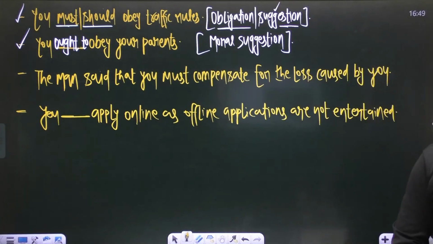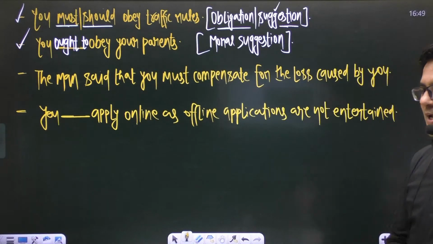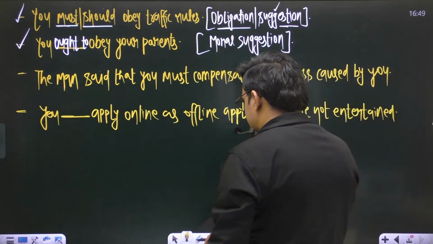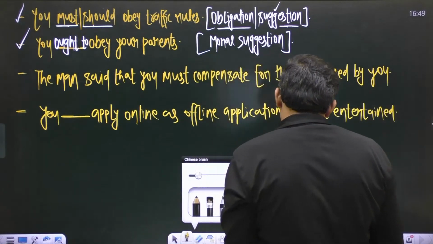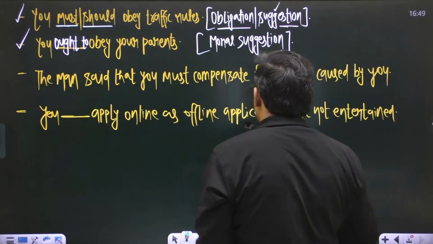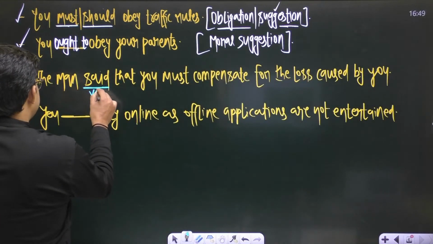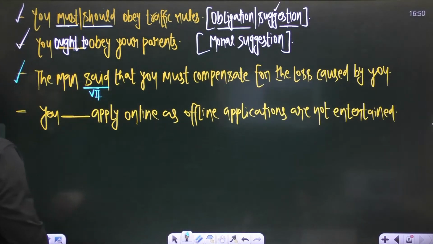The man said that you should compensate for the loss caused by you. Okay, so let us understand. This is one of the nice sentences. In the first sentence, as we know, this verb is in past tense. This is the second form of the verb say, said, right?